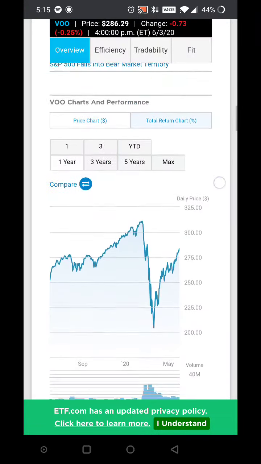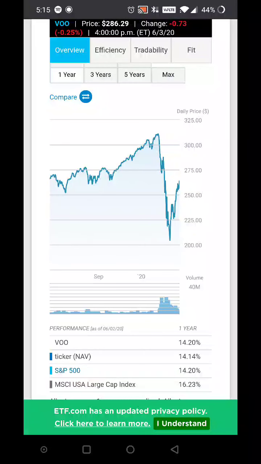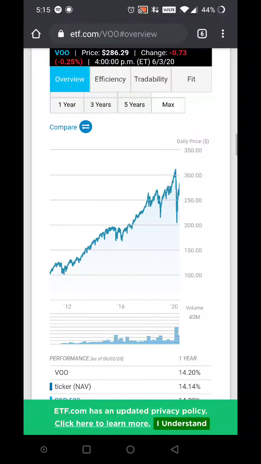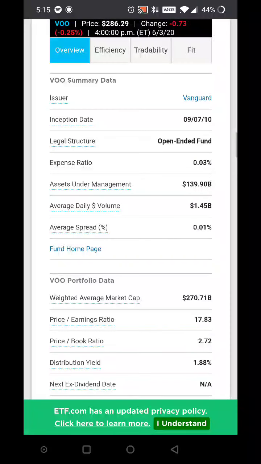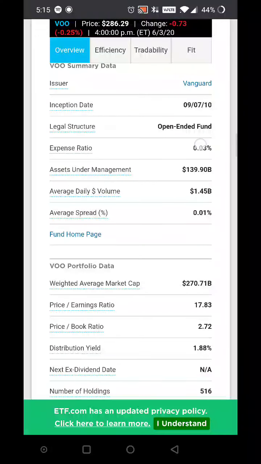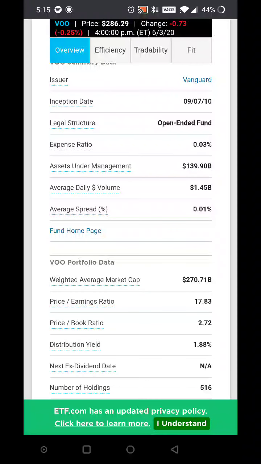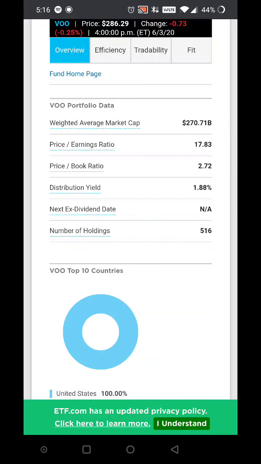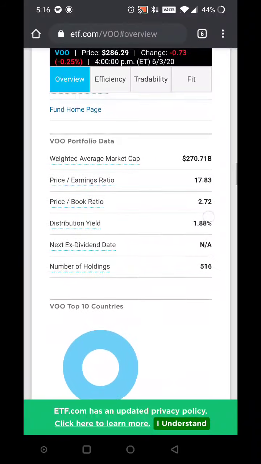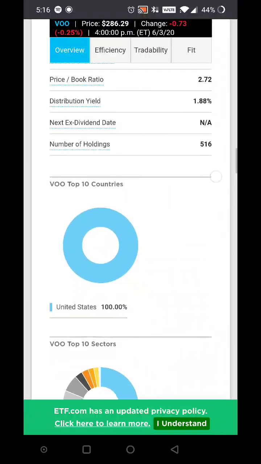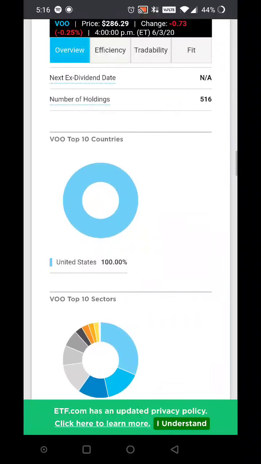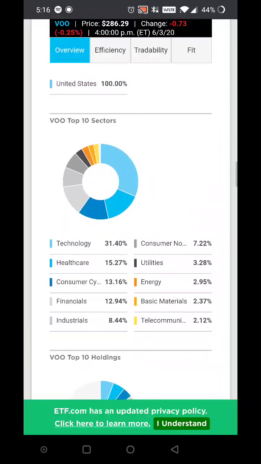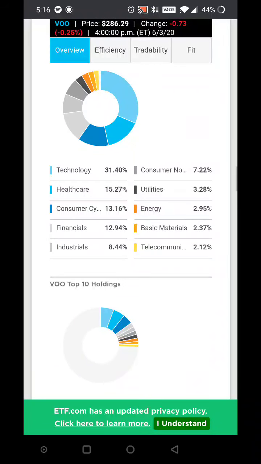Gives you a description. You can go look at the chart. Expense ratio here. It's an open-ended fund. You can see the yield here is 1.88. Number of holdings, 500 in the S&P 500, 516.